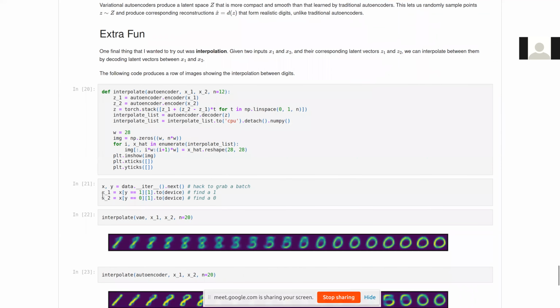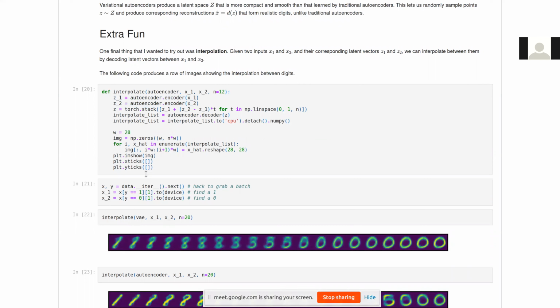look here. This x1 is the image of 1. X2 is an image of 0. Given x1 and x2, find the latent embeddings z1 and z2. Then once we have z1 and z2, we interpolate multiple sets between z1 and z2.